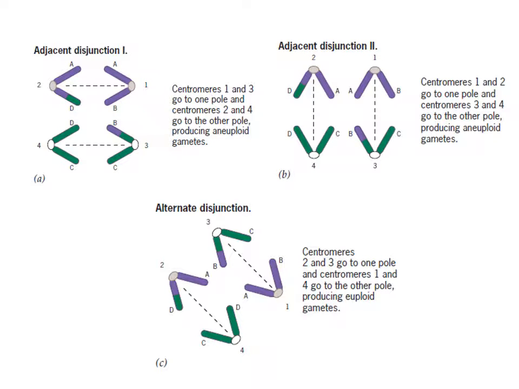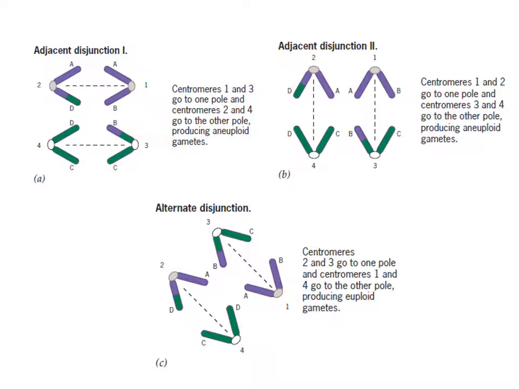There are three different ways of disjunction after exchange of chromosomal segments. These chromosomes are segregated in three different ways. One is adjacent disjunction 1, adjacent disjunction type 2, and third is alternate disjunction.